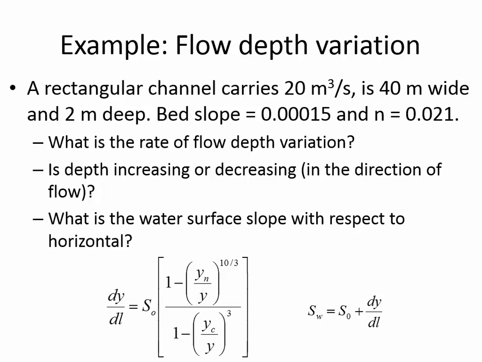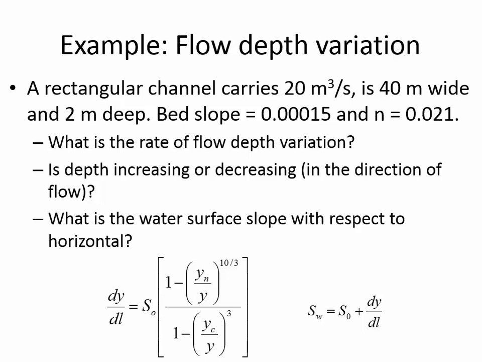So here, the depth at the point of interest is larger than the normal depth, y sub n, and that's larger than the critical depth. So we already can understand some things about the flow situation by comparing the normal depth and the critical depth. If the normal depth is bigger than the critical depth, that tells you the conditions are mild, meaning that you have subcritical flow.